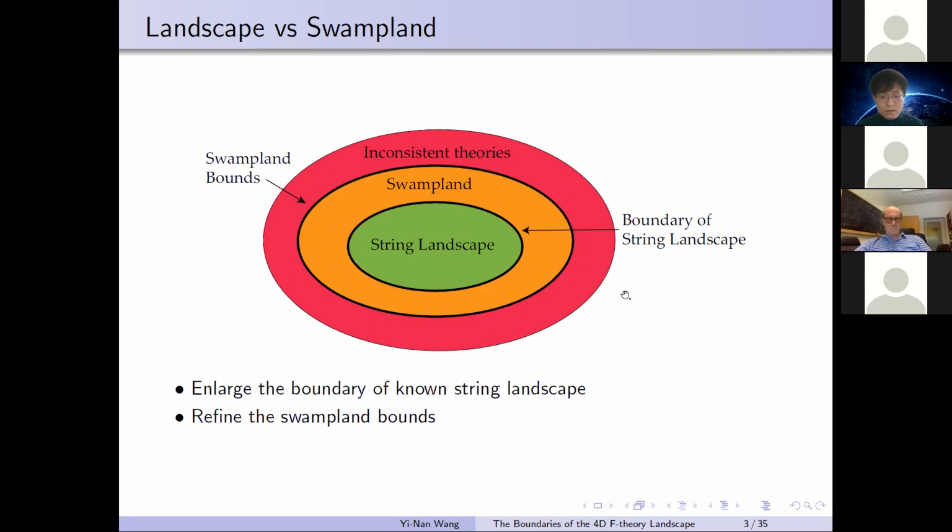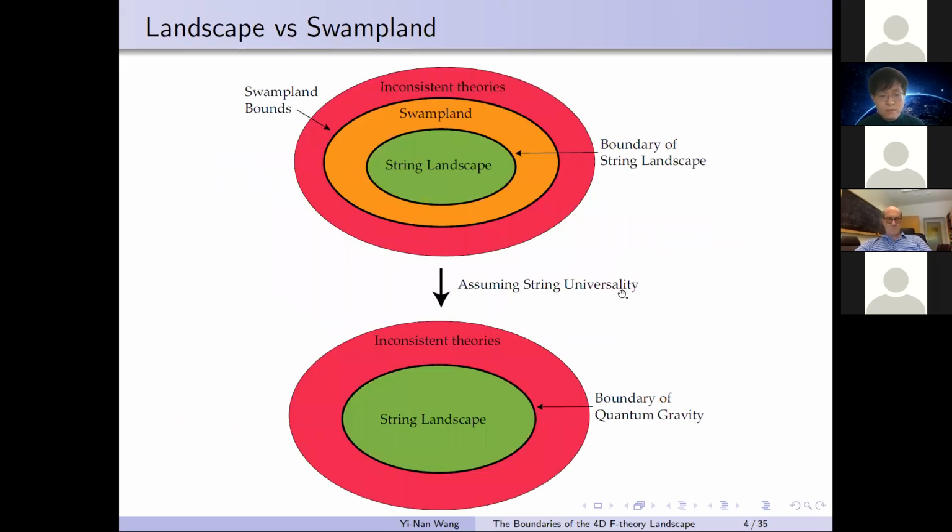Finally, if you assume that the string universality conjecture is true, such that any UV complete consistent quantum gravity theory can be constructed in a string theory setup, then we can completely drain the swampland. We will end up with a picture below, where you only have a well-defined string landscape and inconsistent theories outside of it.